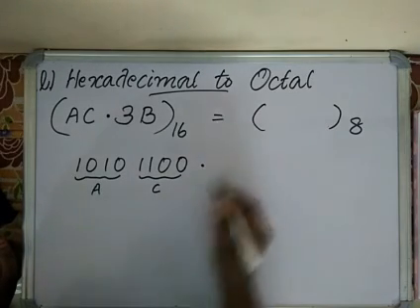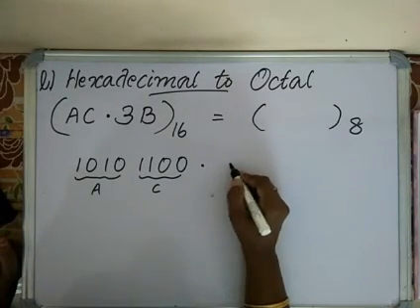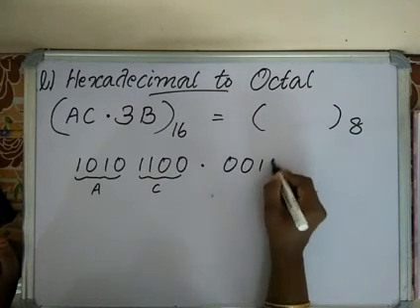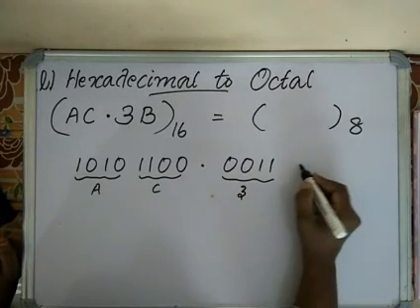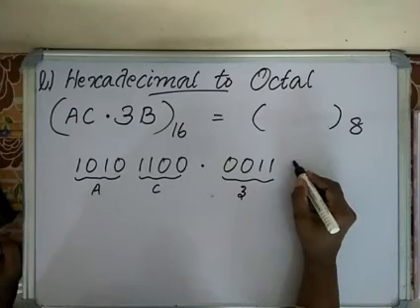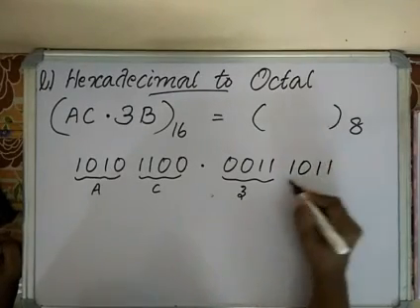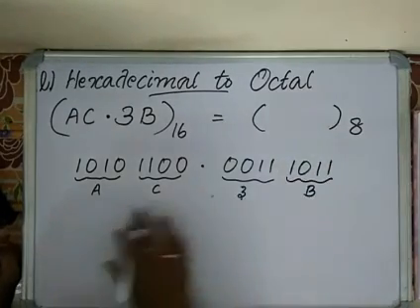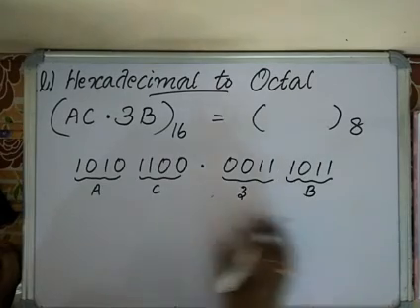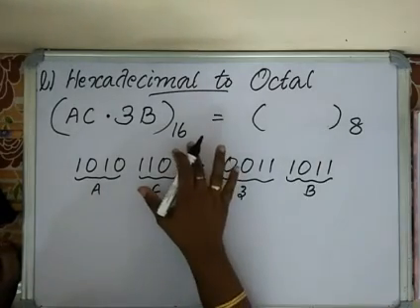Dot 3 is 0011 and B represents 11, that is 1011.